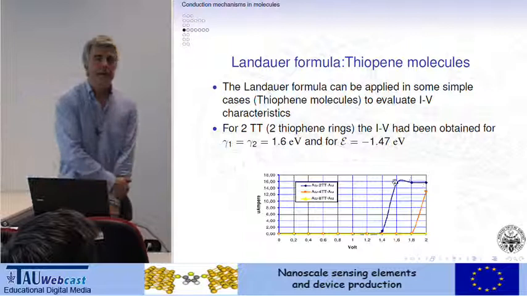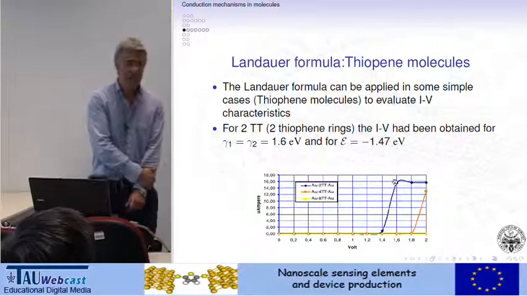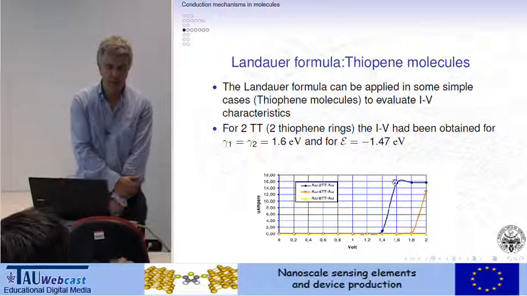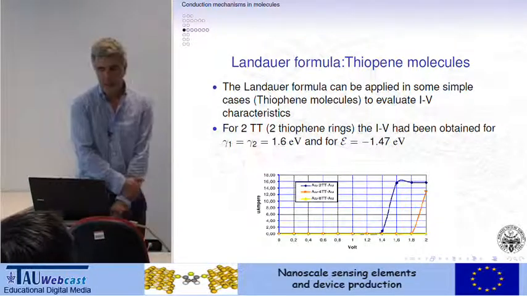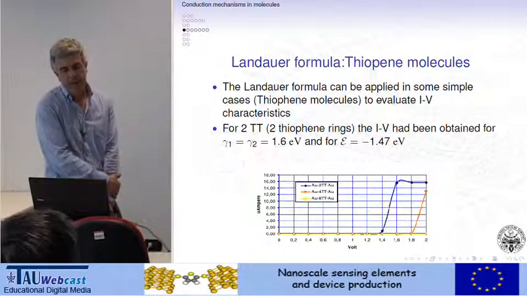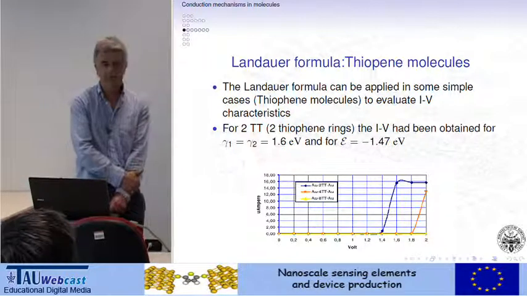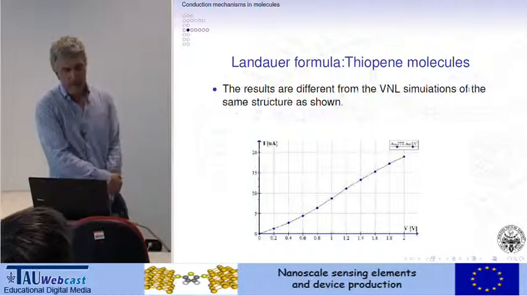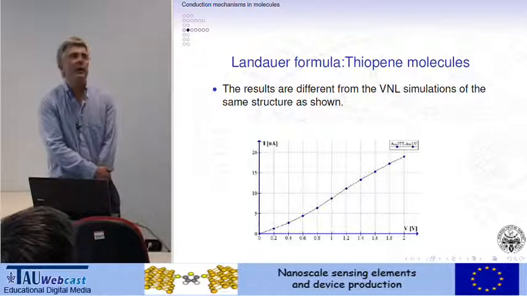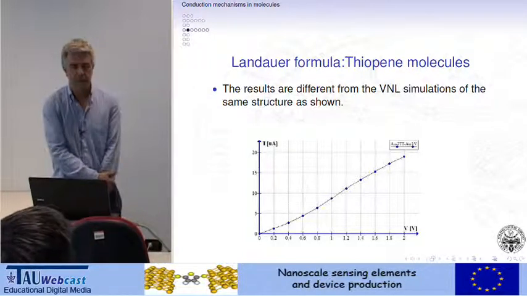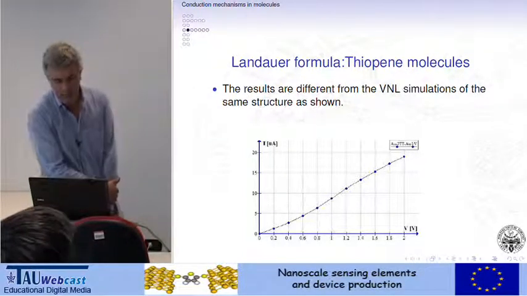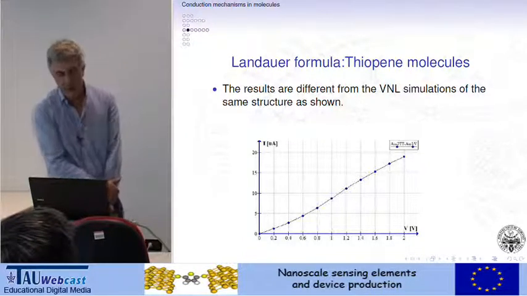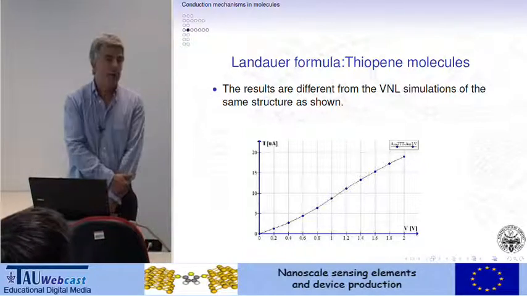So the Landauer formula can apply very easily, but we are wondering about the quality of this result, and probably you can imagine that the quality is not satisfying, because if you compare this IV current curve with the curve that you can get with a simulator, like the Virtual NanoLab, VNL simulator, the curves are completely different.